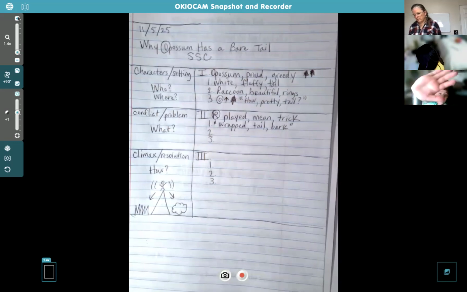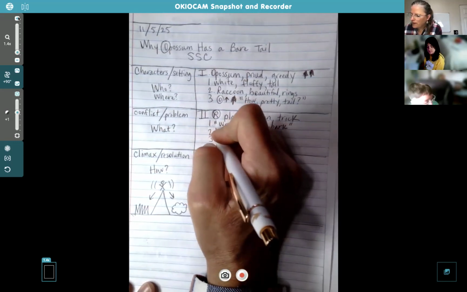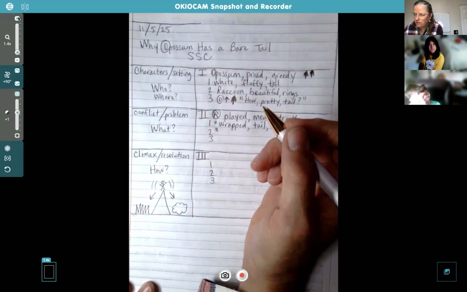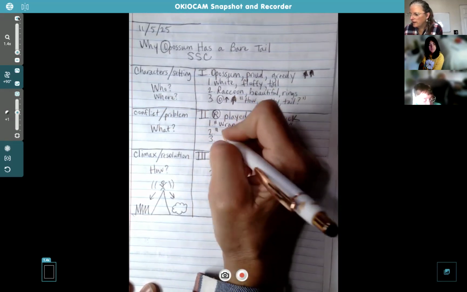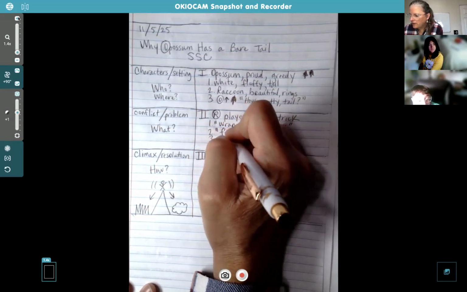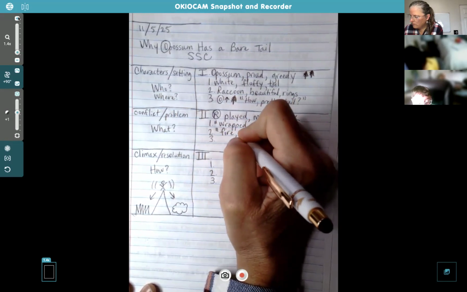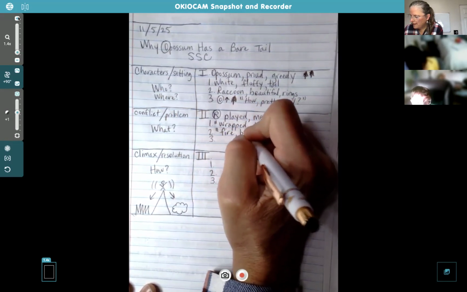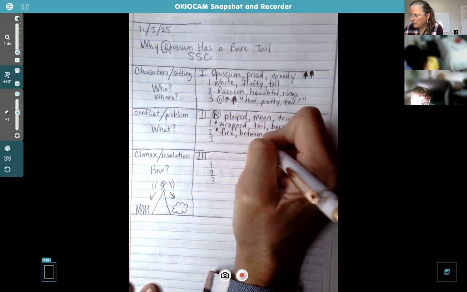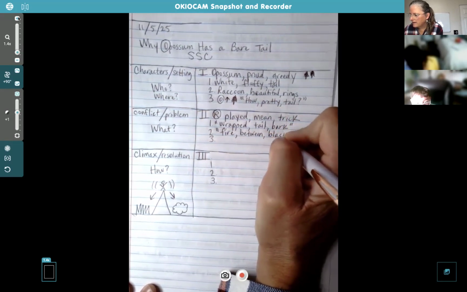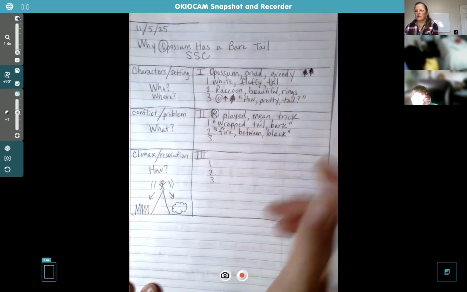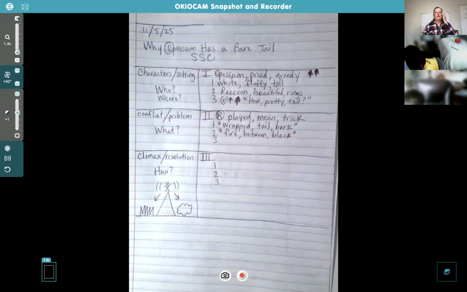The fur between the bark turned black. Yes. So we could put right here, did you have an idea, Anthony, by the way? The same thing. Okay. I'm going to put fire and then between and then black. And I'm still talking in quotes because he's still explaining it.